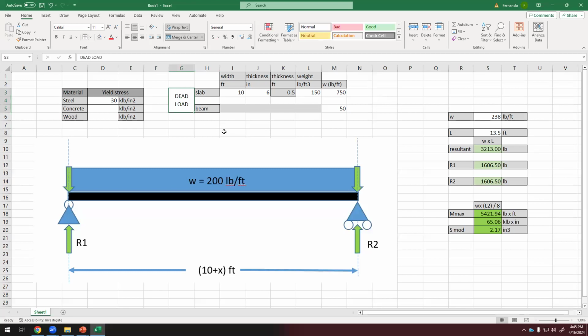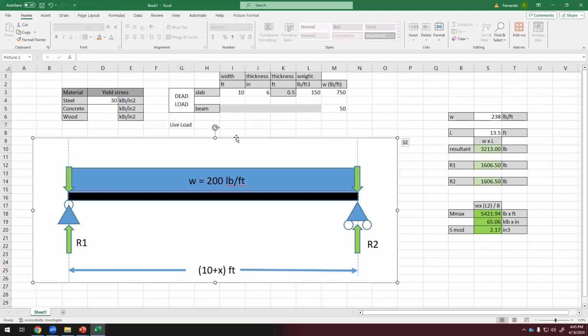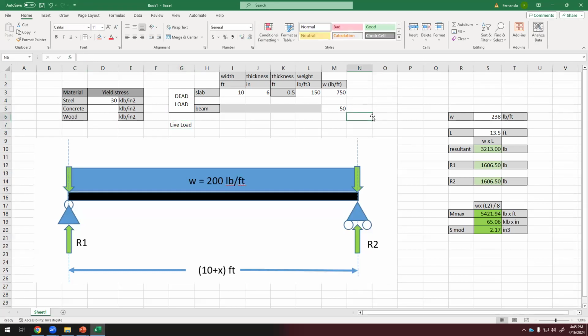Okay, so the dead load is made up by the weight of the slab and the weight of the beam. But we do have a live load.